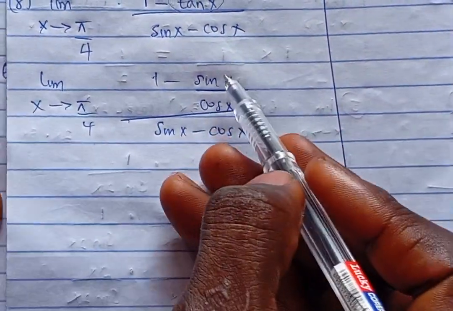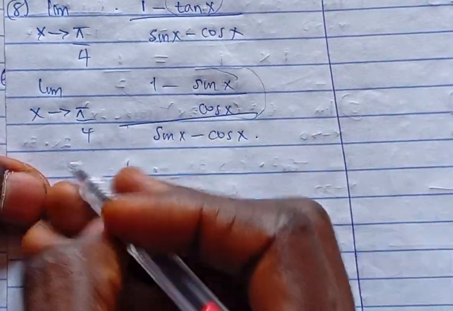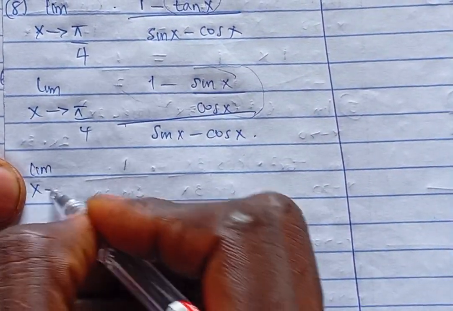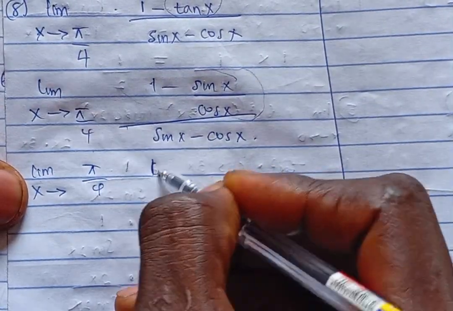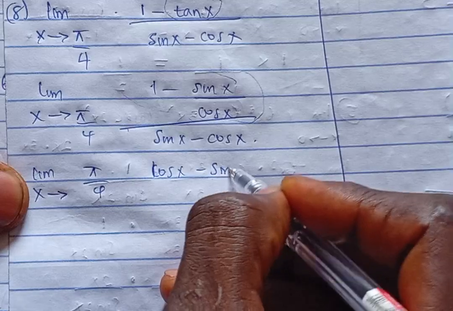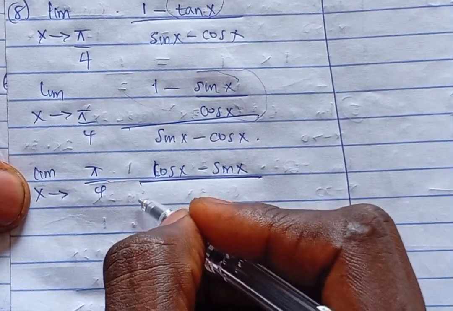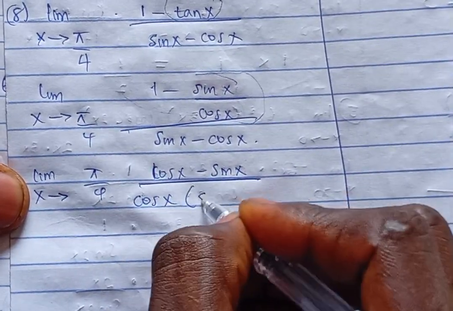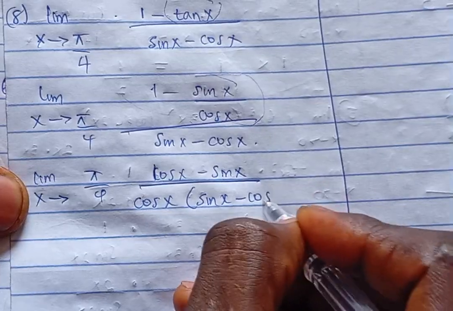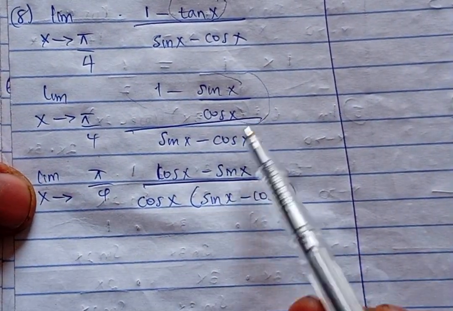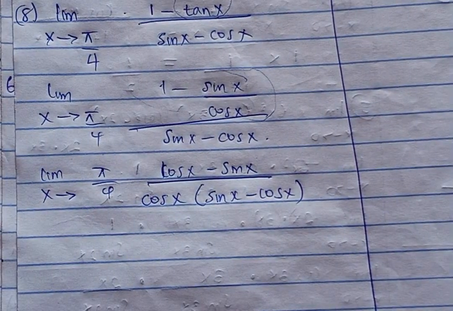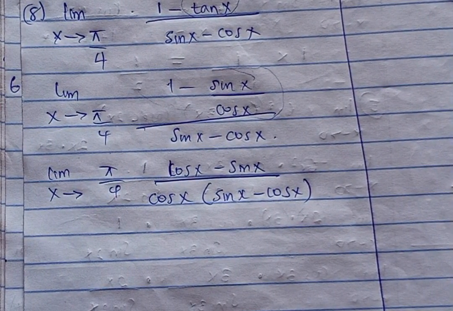Now I can find the LCM of this one by saying the limit as x tends to pi over 4 of cos x minus sine x, everything over cos x into sine x minus cos x. Some will be wondering how I do this one. Solve this one, finish, and then do your reciprocal. You will arrive at what I get now.